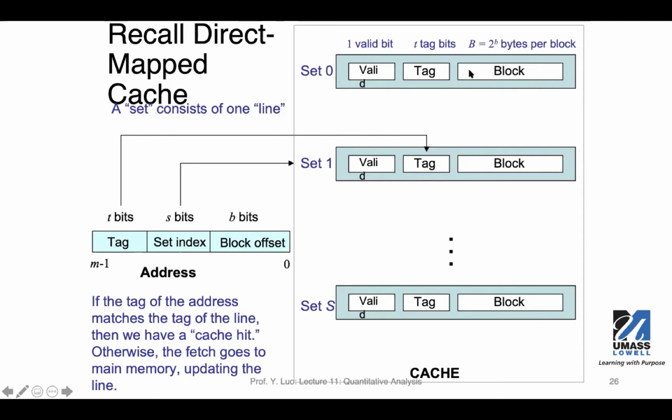So this is the block, and we use the set index to find out which set we want to go into to look for the blocks. And we use this set index S to determine that. And the rest of the bits are tag bits.